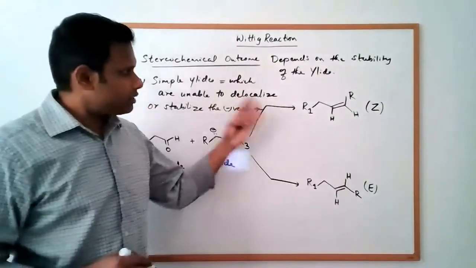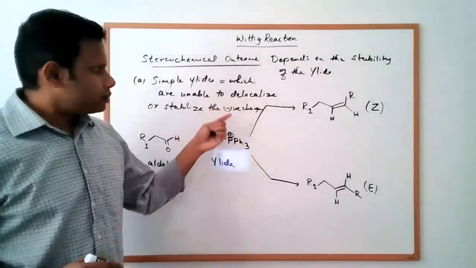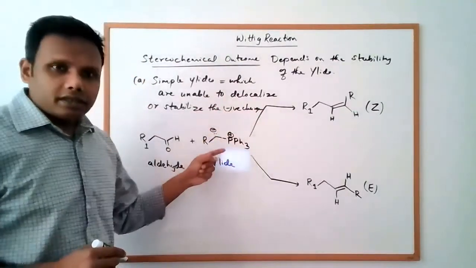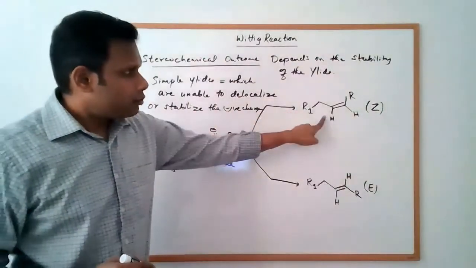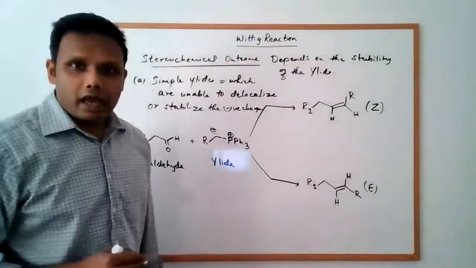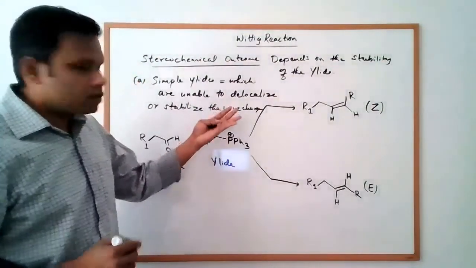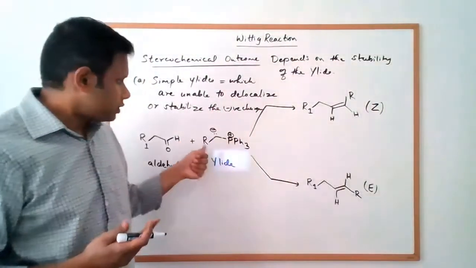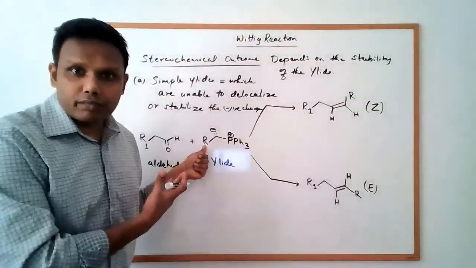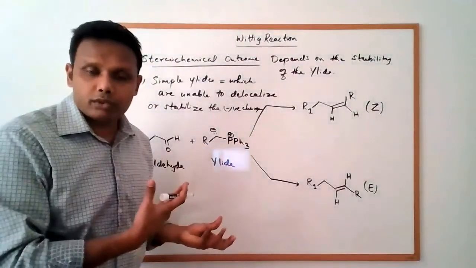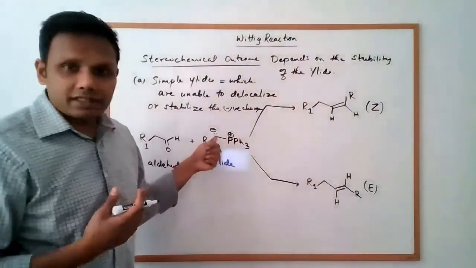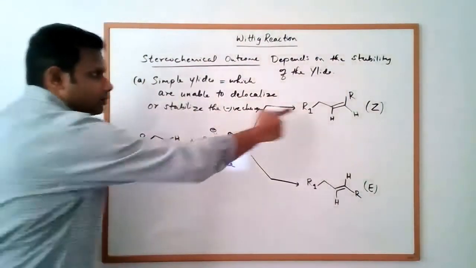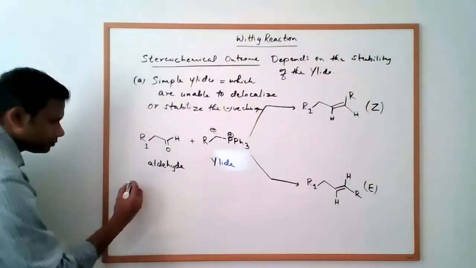So when you have simple ylides that are unable to stabilize the negative charge on that carbon atom, then the product is a Z-alkene. Okay, and this could include just simple alkyl groups. So the R group here is just another methyl group, or it could be another carbon chain, which does not have any features to help stabilize the negative charge. That would give us the Z-alkene.